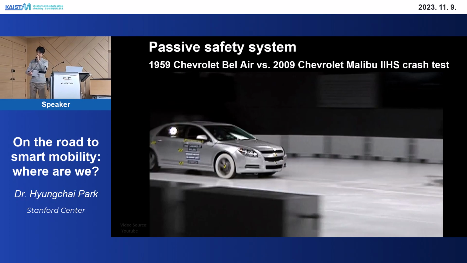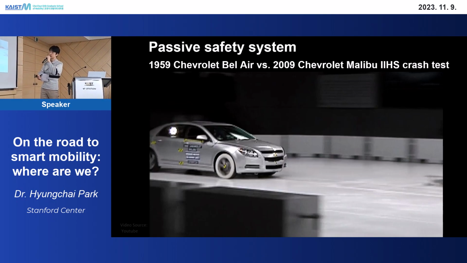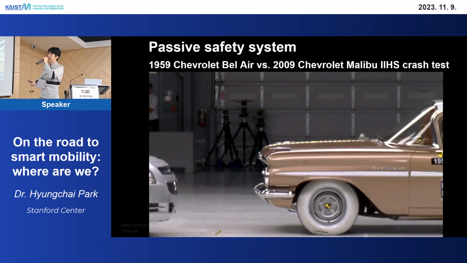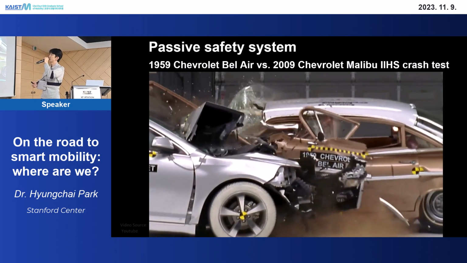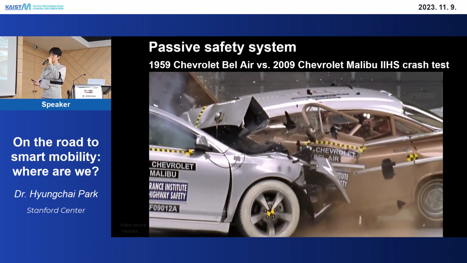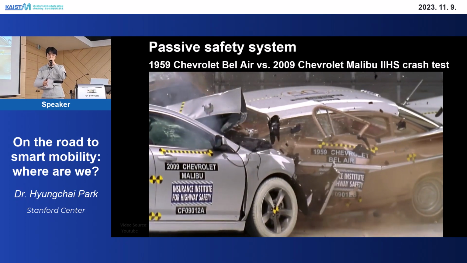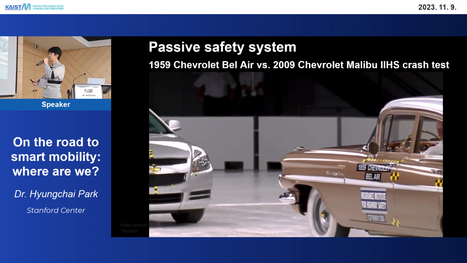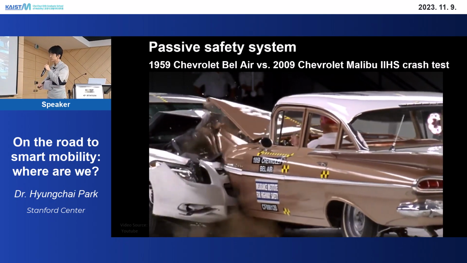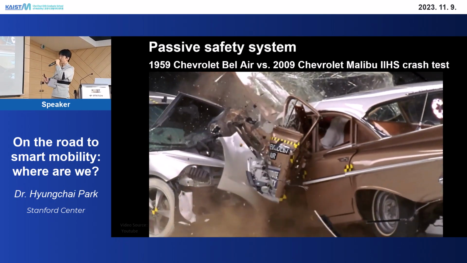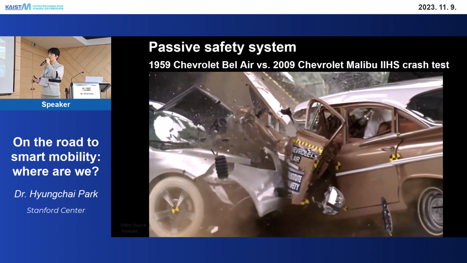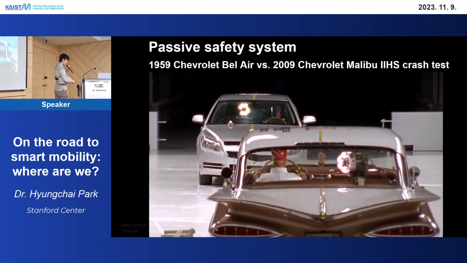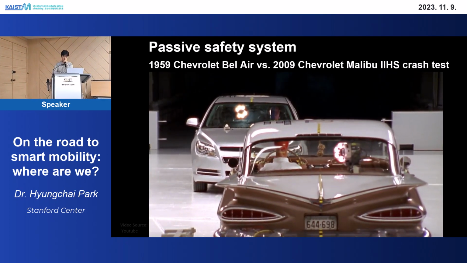In this crash test, the 1959 Chevy Bel Air and the 2009 Chevy Malibu collided head-on, front to front, with 50% overlap, which impacts a driver very heavily. As you can see, both cars are damaged very heavily outside. But now you can see what happens inside a car.